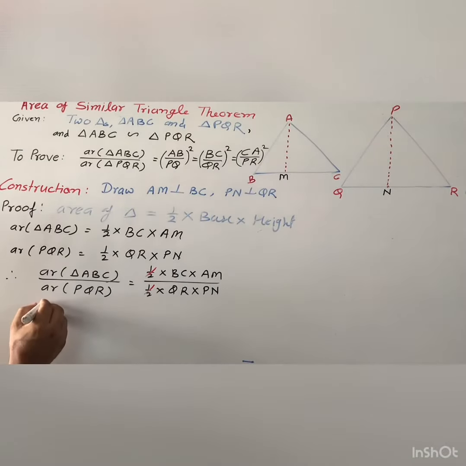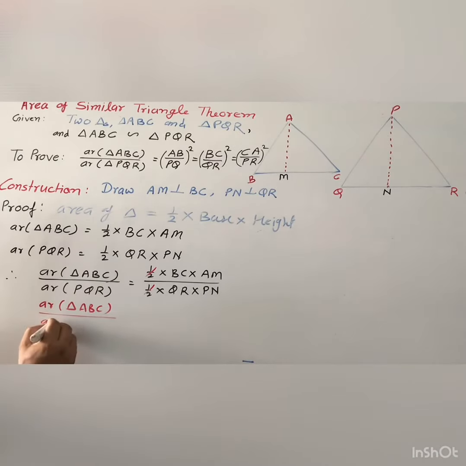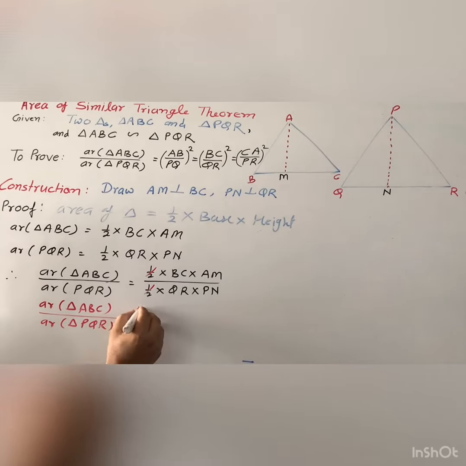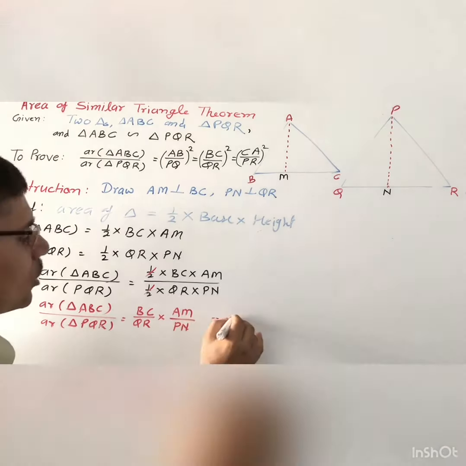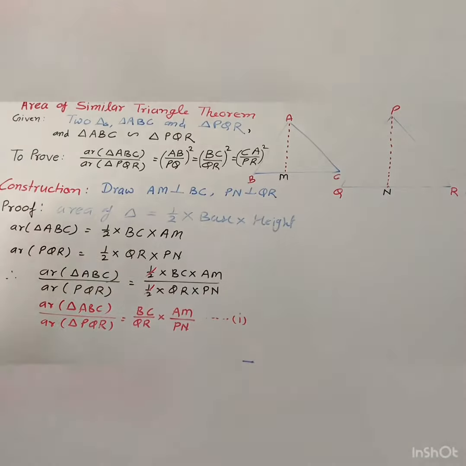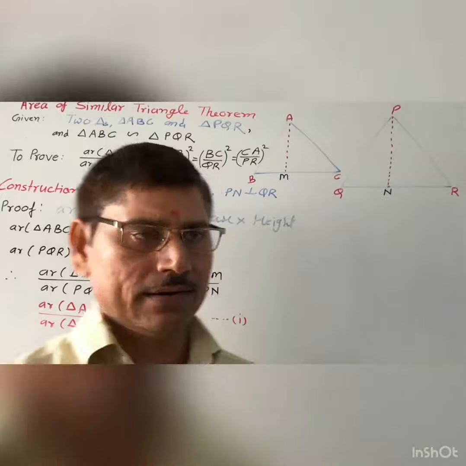Then we get area of triangle ABC divided by area of triangle PQR equal to BC upon QR into AM upon PN. First we have to take this as equation number 1.